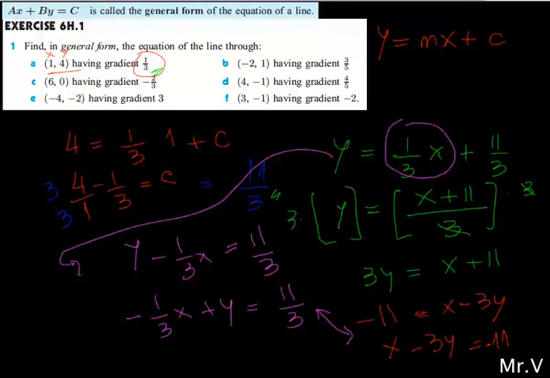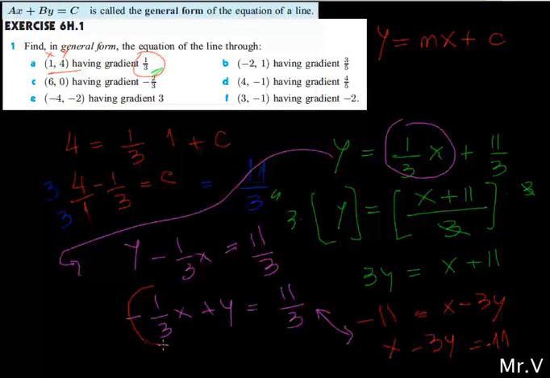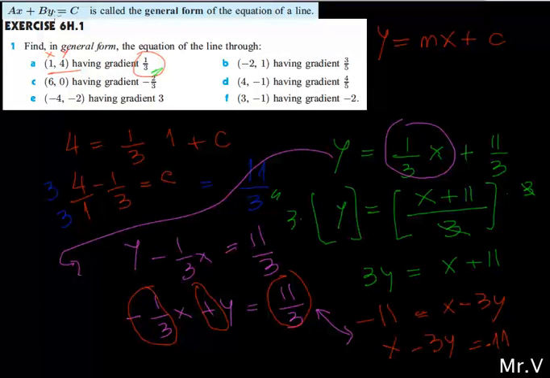It is completely correct because this is your A, this is your B, that is +1, and this is your C. You have x and y, and there you go. Same. No difference.